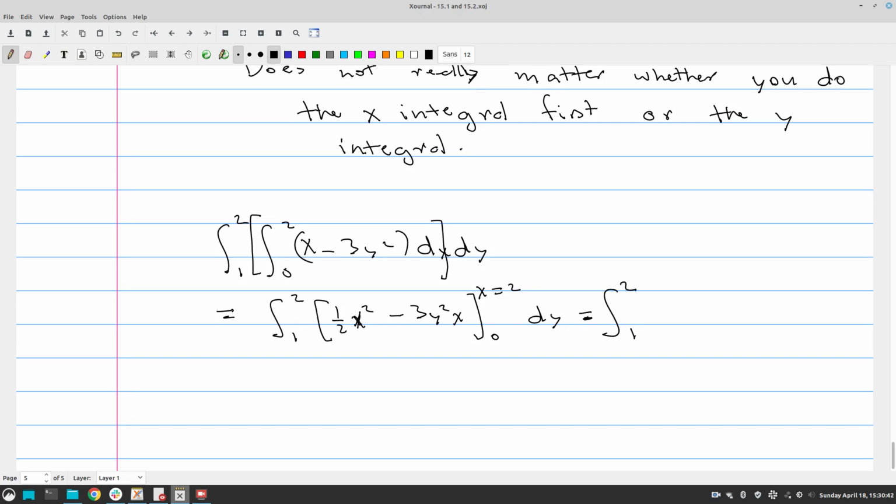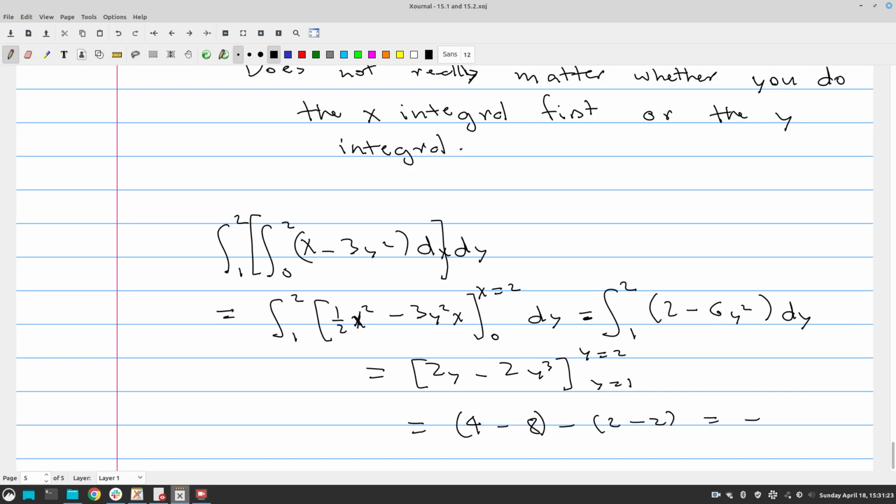So this is 4 over 2, which is 2, minus 6y squared dy. This gives me 2y minus 2y cubed, and y goes between 1 and 2. 4 minus 8 minus 2 minus 2, which should give you negative 4.